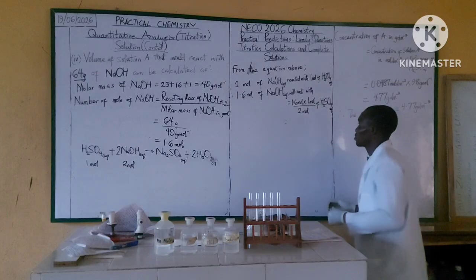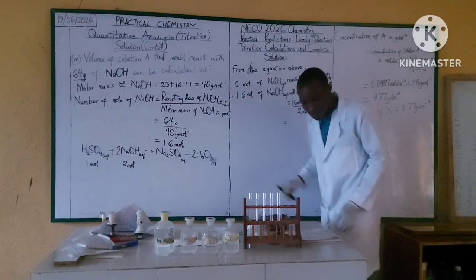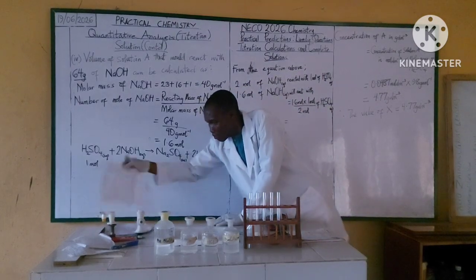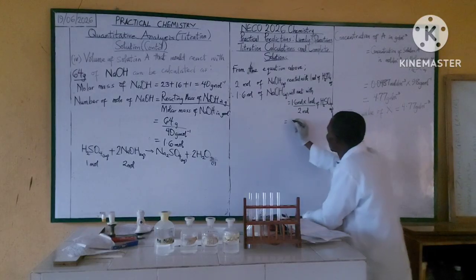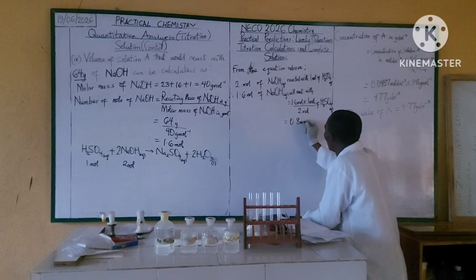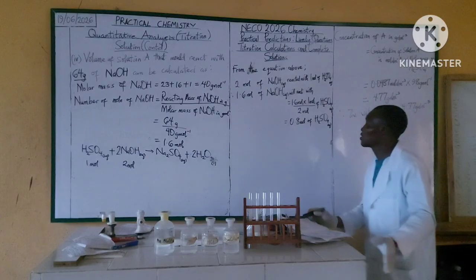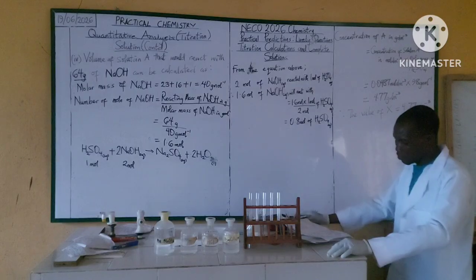That's going to give us 1.6 divided by 2. Mole takes care of mole. Of course, that's going to give us 0.8 mole of H2SO4. Okay, 0.8 mole of H2SO4.